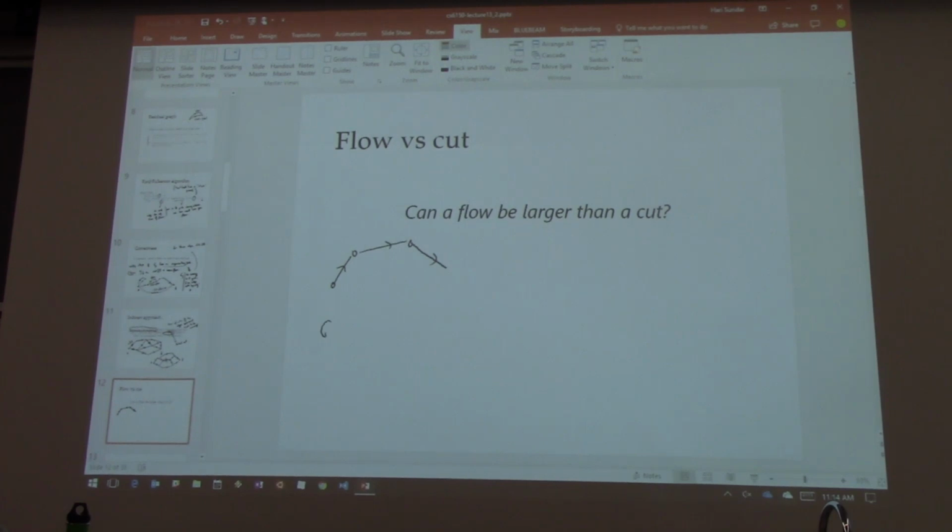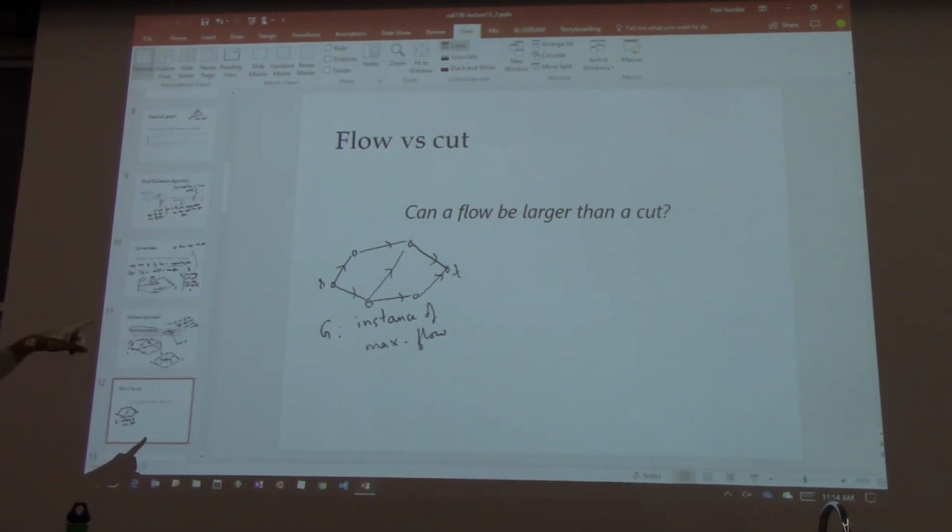G is an instance of max flow. Here the goal is to send as much flow as possible while respecting capacities. That's the definition of max flow.